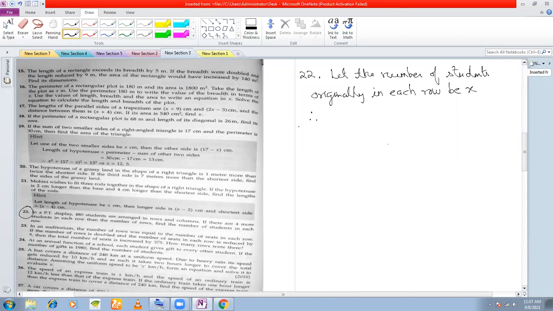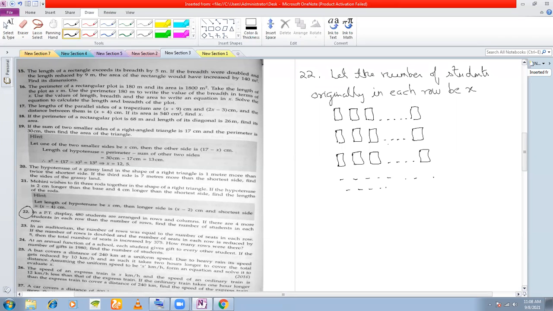if I increase the number of students in each row, suppose you have this kind of an arrangement, the students are placed like this. This is the original arrangement, and you have further rows, and this is the last row.